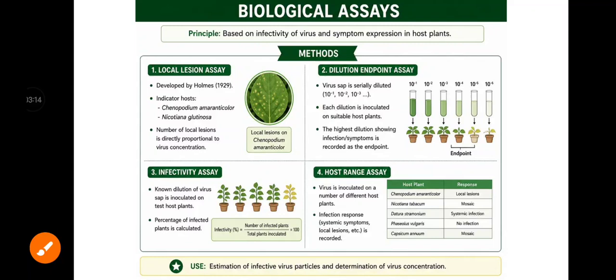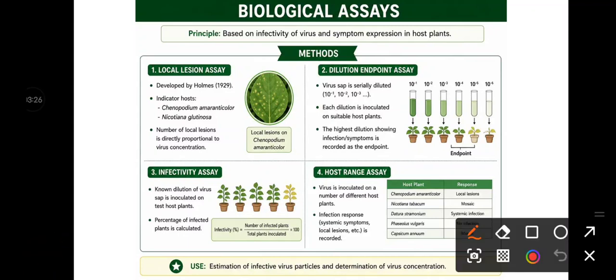Next, first about the biological assay. The principle behind this assay is that it is based on the infectivity of the virus and symptom expression on the host plant.